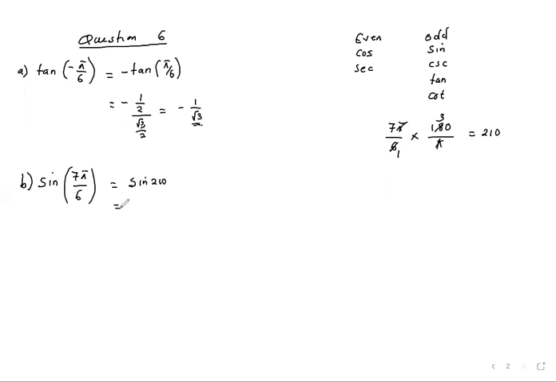And 210 is in the third quadrant. So we can get its equal by subtracting this. And then we are getting 30. So it's like dealing with sine 30. Except that because it's in the third quadrant where sine is negative, we're dealing with negative sine 30. And so negative sine 30 is just negative half.